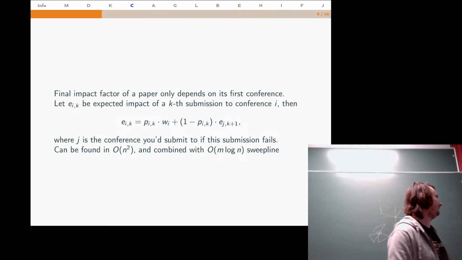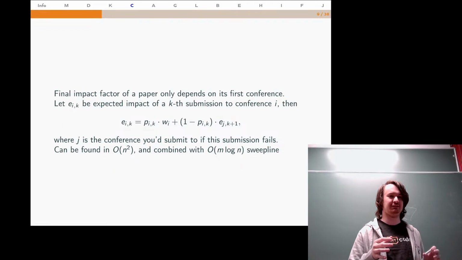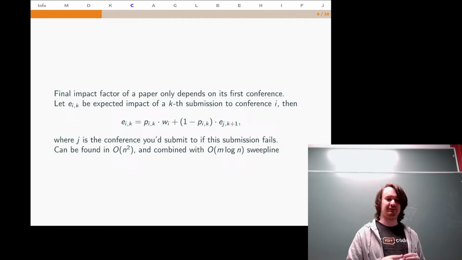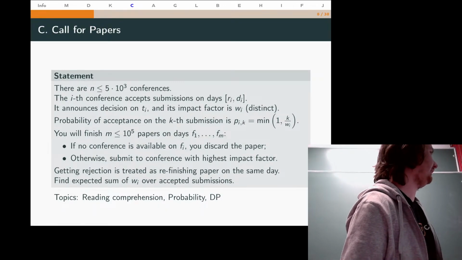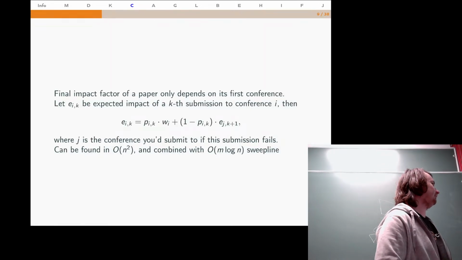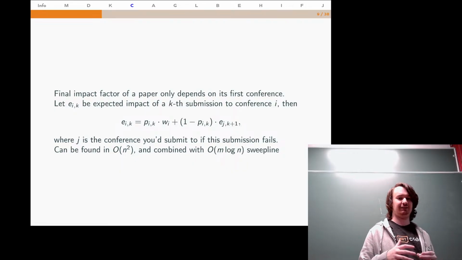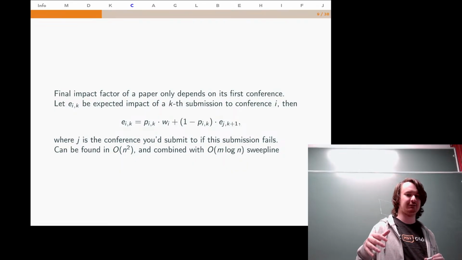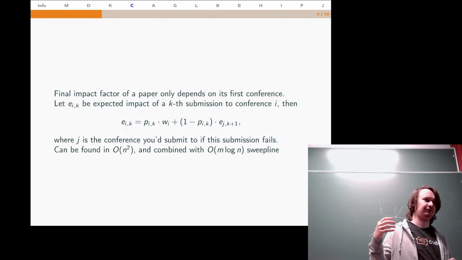And then we have this simple recurrence: the expected value is the probability that the paper is accepted at this specific submission, which is the formula from the statement, minimum of 1 and k over wi, times the impact factor, plus the probability that it is rejected times the expected value of the next conference, and for the next conference we also increase the index of submission by 1.